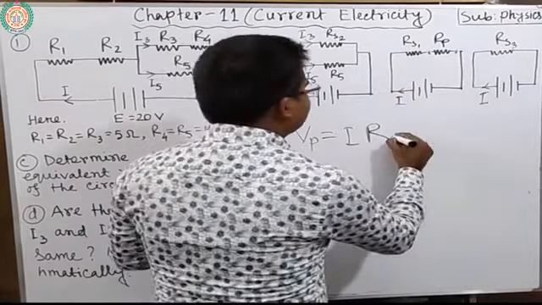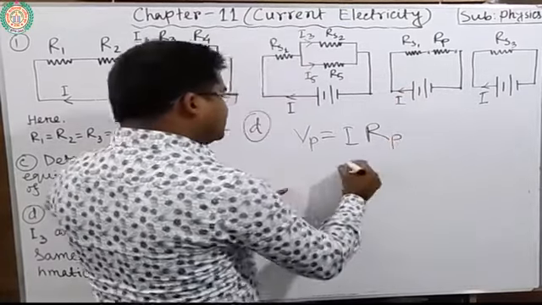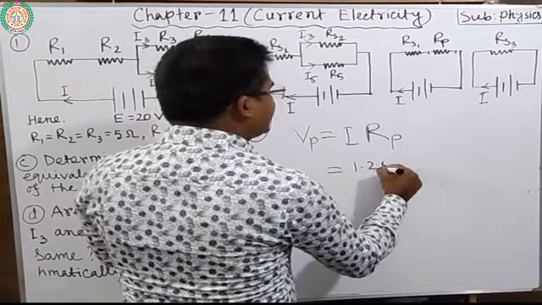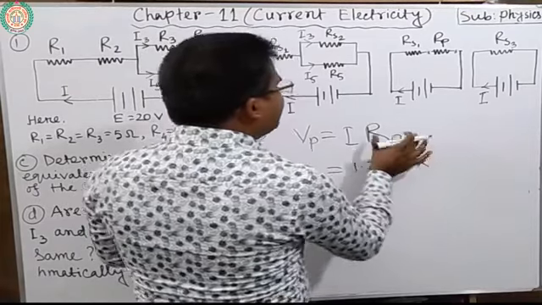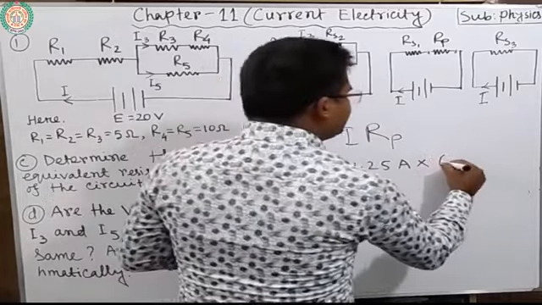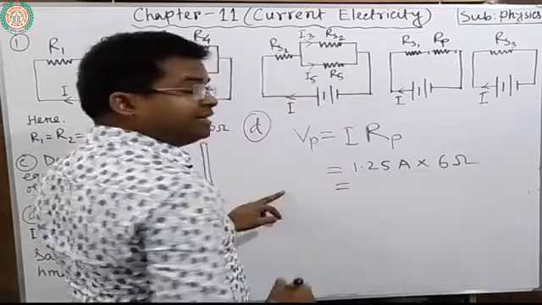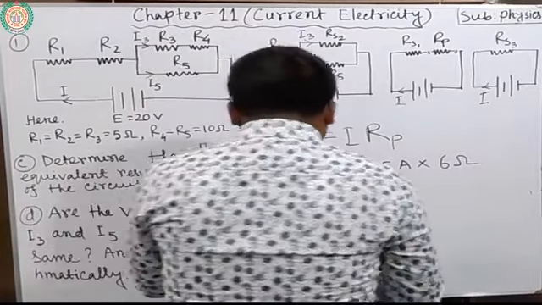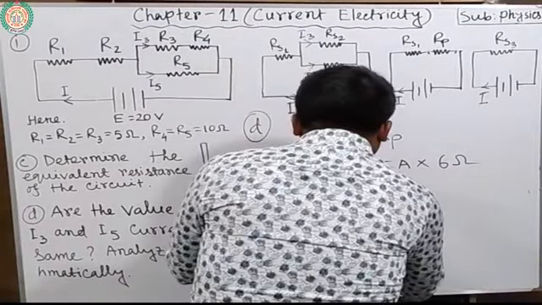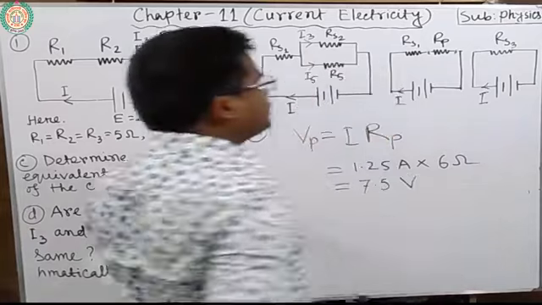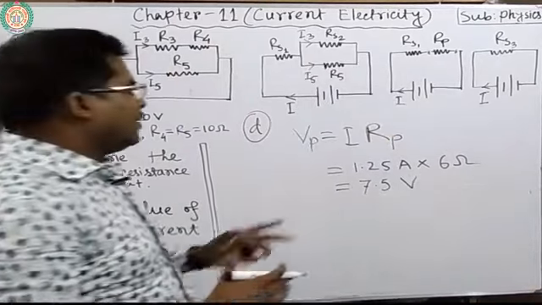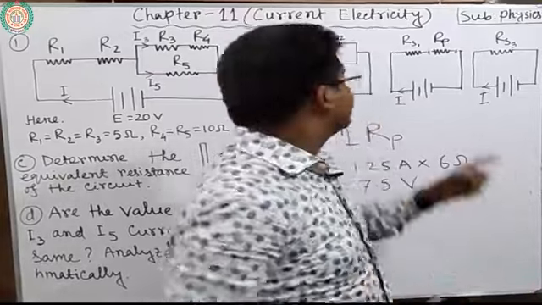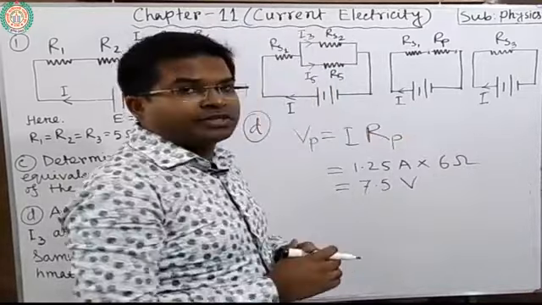So dear students, as the value of current is 1.25 ampere, and the value of RP is 6 ohm, what will be the value of Vp? The value of Vp will be 7.5 volt. Okay dear students, we have now determined the voltage drop between two terminals of RP resistance.